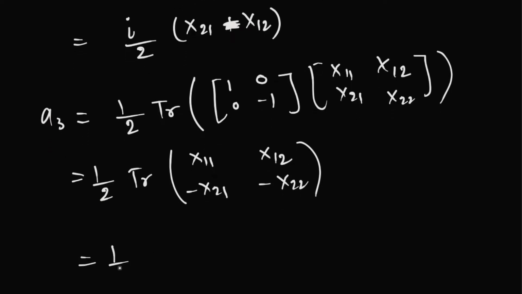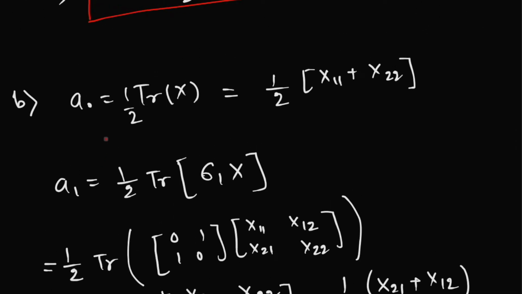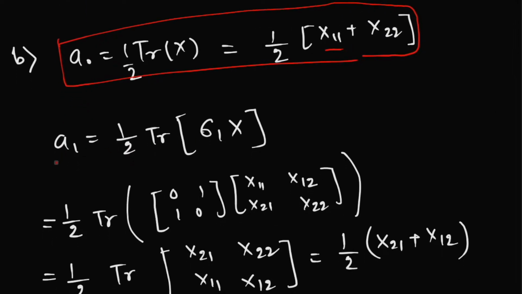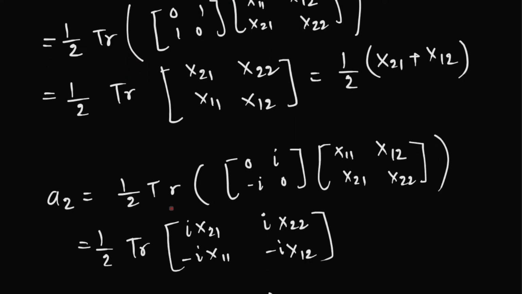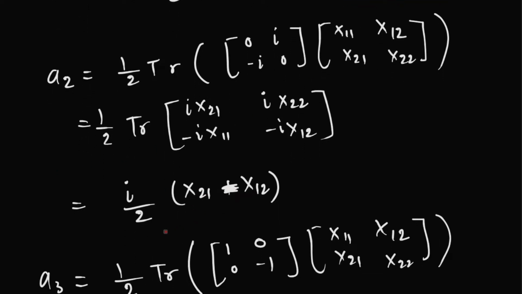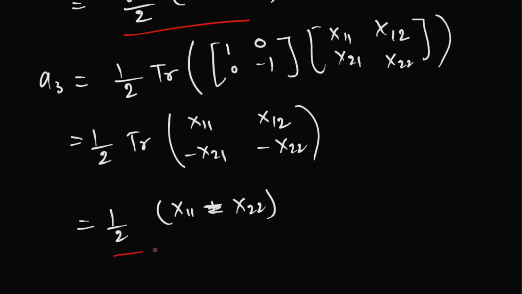That is equivalent to 1 half of x11 minus x22. Hence, we solve the second part of the question, that is question B. We represent a0 in terms of xij, a1 also in terms of xij, and a2 in terms of xij, and a3 also in terms of xij.